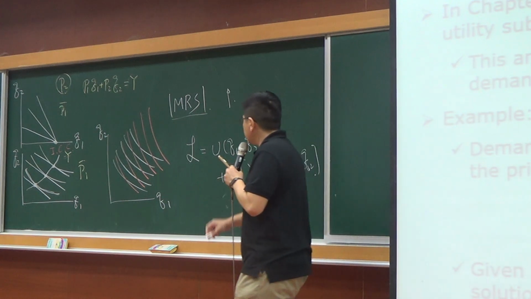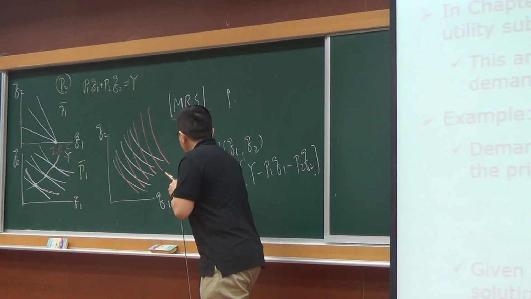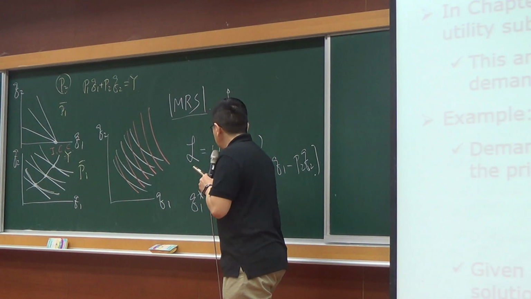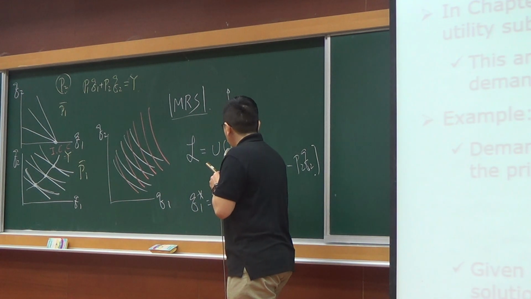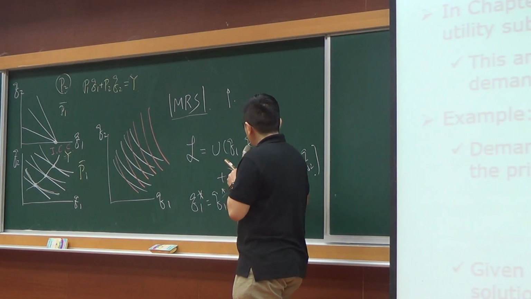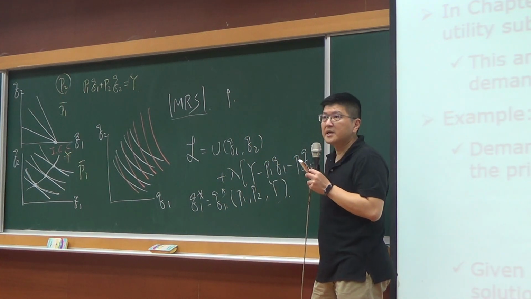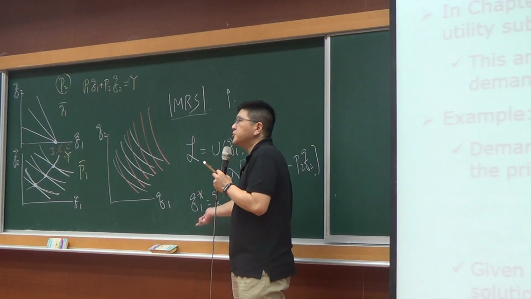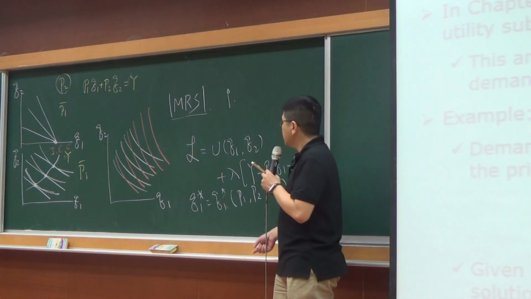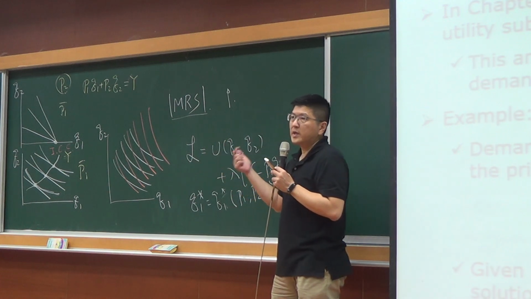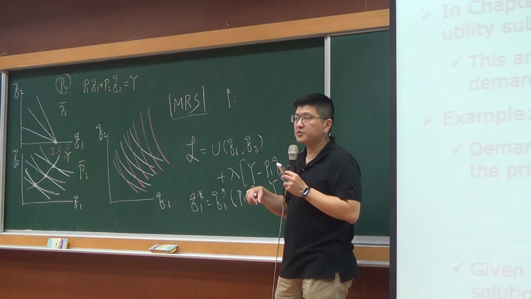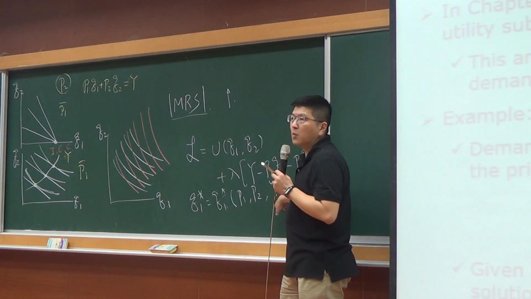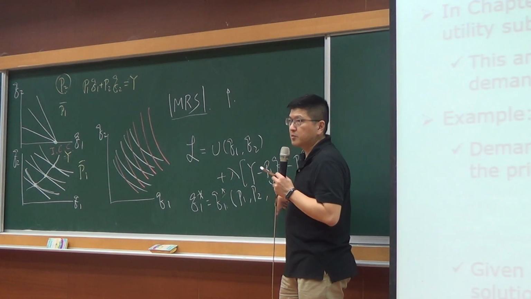And you must remember that Q1 star is a function of what? Is a function of P1, P2, and Y. Is that right? And not only Q1 star, but also Q2 star and lambda star. So lambda, Q1, and Q2 are endogenous variables, while P1, P2, and Y are exogenous variables.